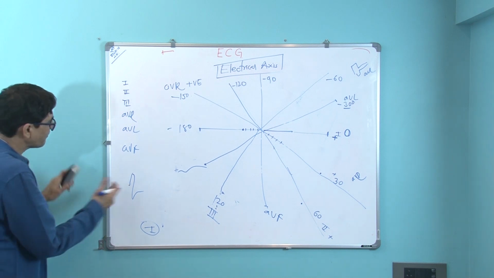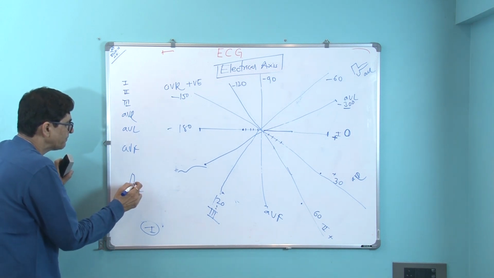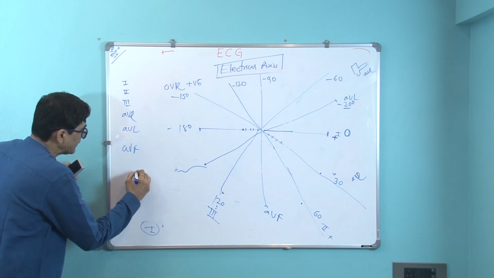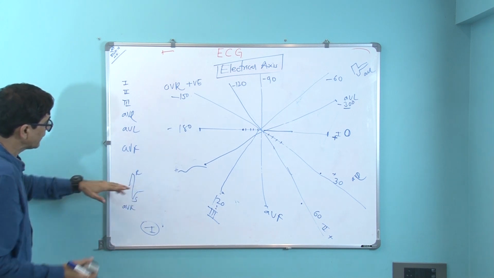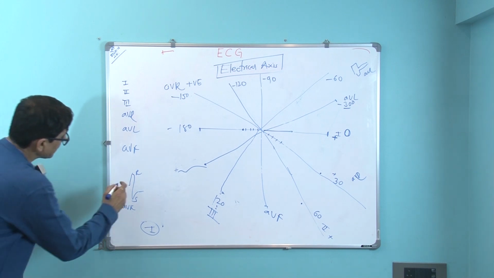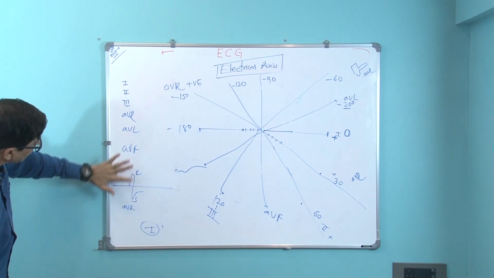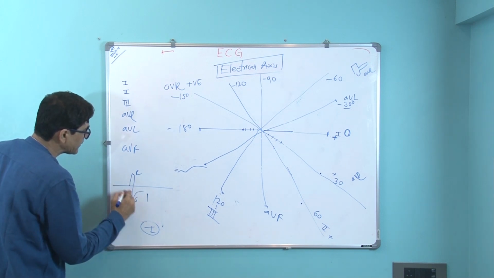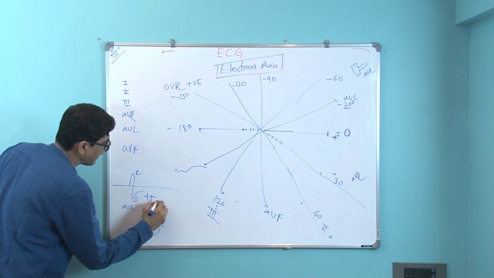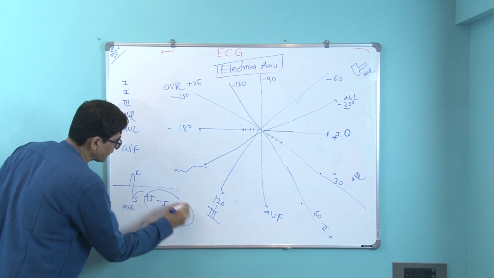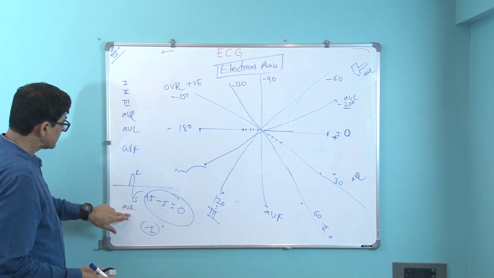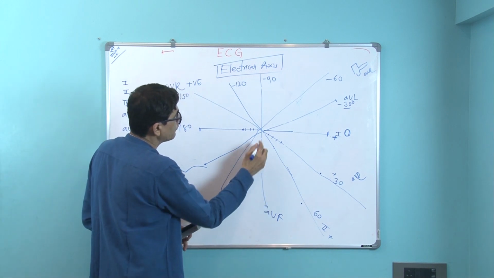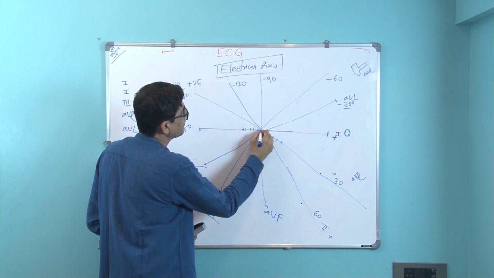Suppose this is lead AVF where this is R wave and this is S wave. If you see this is the baseline, upward deflection and lower deflection are more or less the same. So suppose the deflection is 5 millimeter, so plus 5 minus 5 becomes 0. So this is AVF, plus 5 negative 5 is 0.